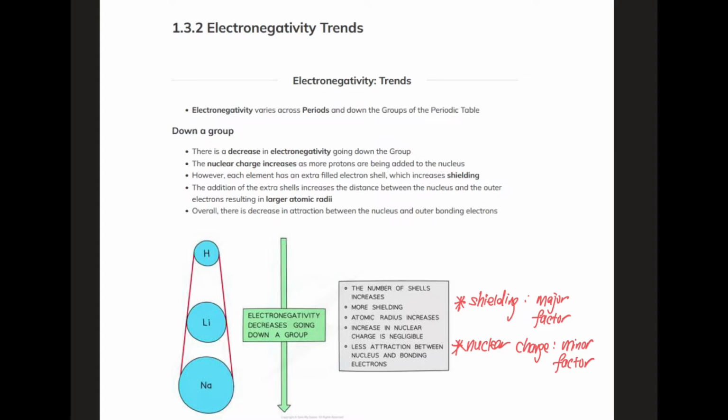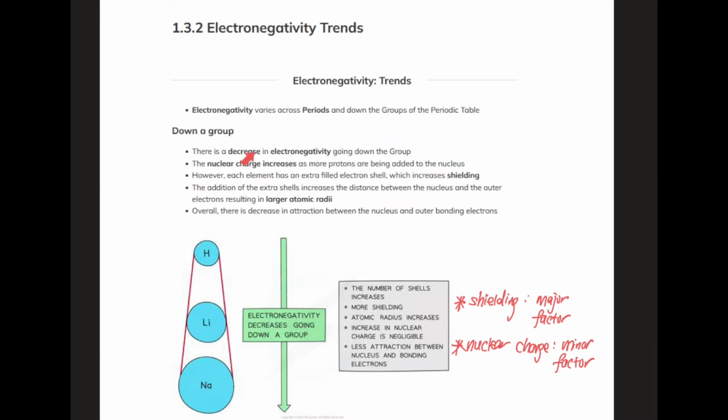When there is an increase of shielding effect as well as an increase of nuclear charge, we have to say that attraction is getting lesser. So when both of these increase, the final effect is less attraction, because the major factor is shielding, which causes less attraction.